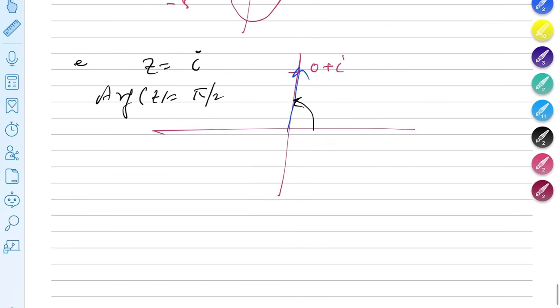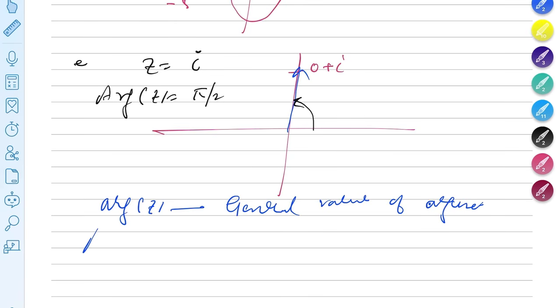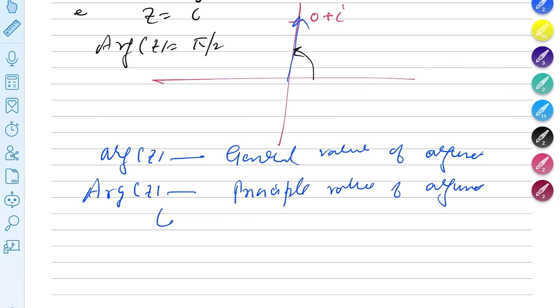Essentially the argument of z means the general value of argument, whereas capital A R means the principal value of argument, which has values from minus pi to pi.